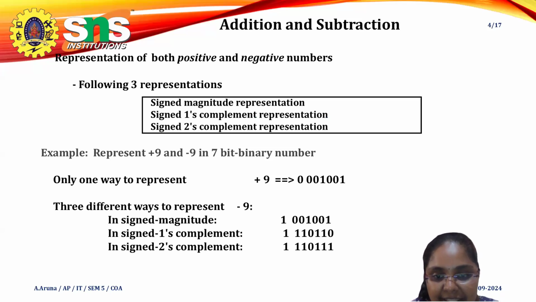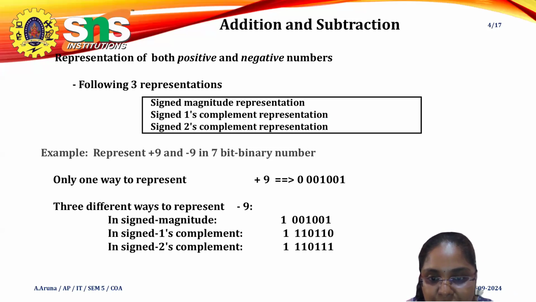If it is a negative number in signed magnitude, we represent it the same way, but here my sign is 1 for negative, so I put it as 1. For 1's complement, we keep the sign bit as it is, and for the remaining bits, 0 becomes 1 and 1 becomes 0.